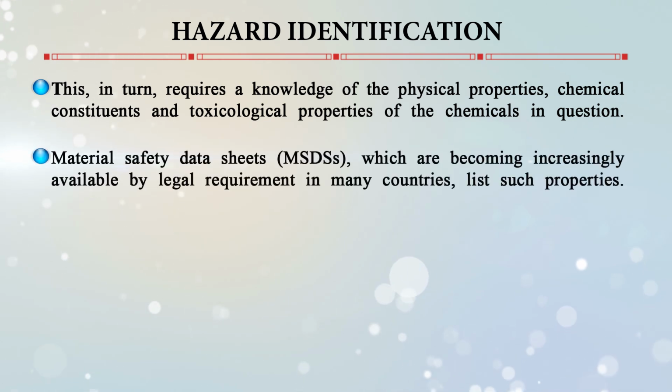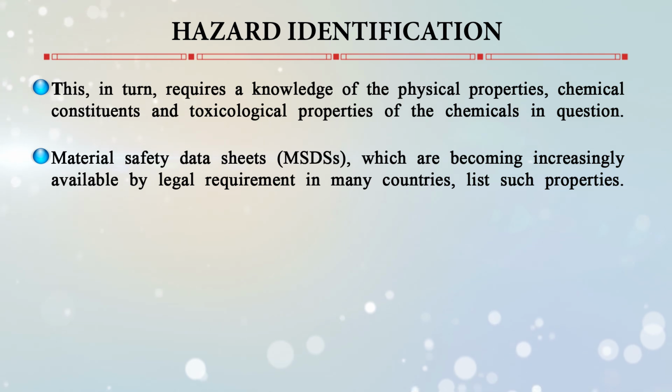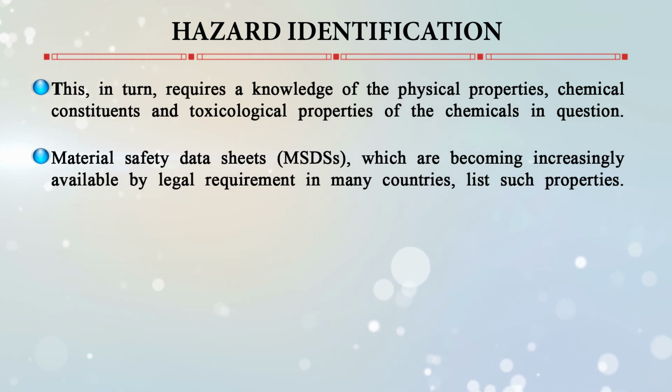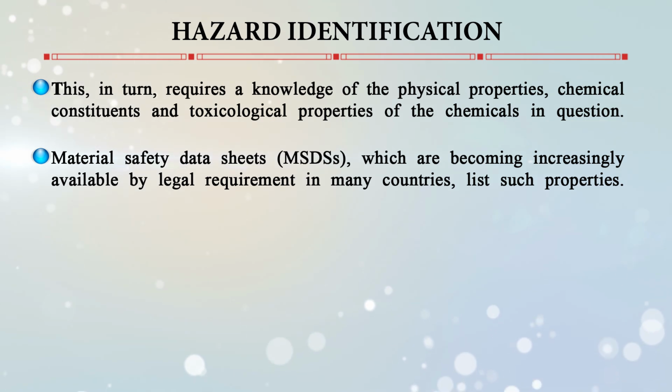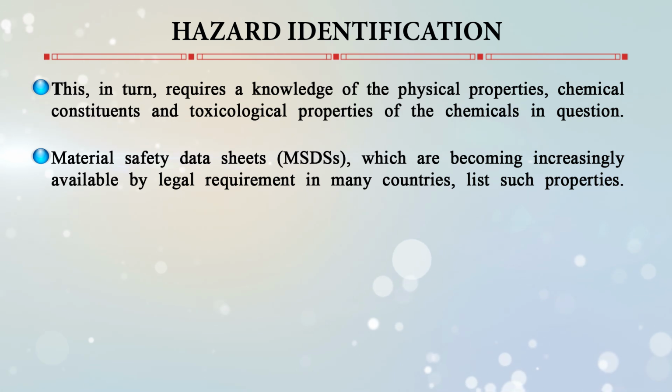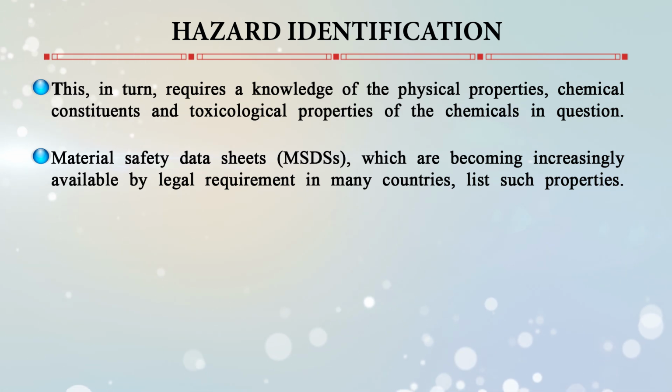Material safety data sheets, which we have already learnt about in the previous sessions, MSDSs, are becoming increasingly available by legal requirement in many countries. They have to list the properties of that particular chemical.